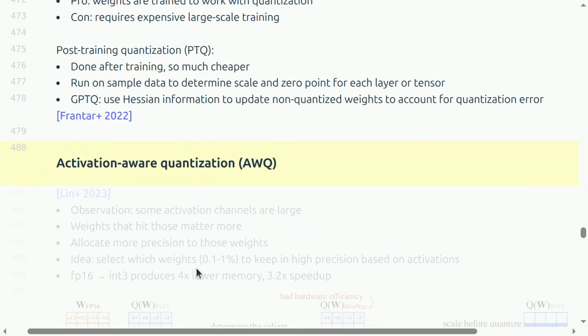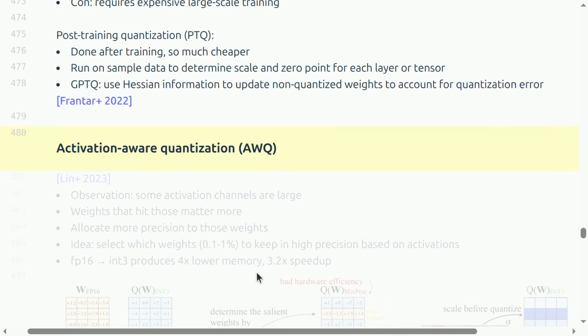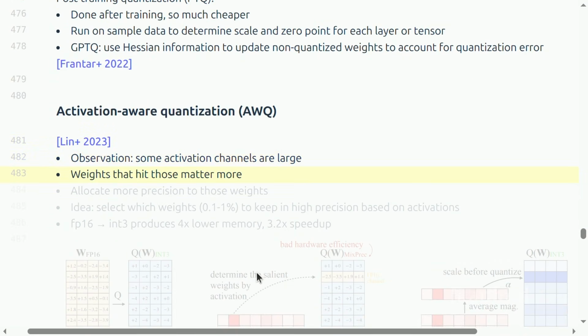Activation-aware quantization is a more sophisticated way, where the observation is that some activation channels are large, and the weights that interact with those matter more. So let's allocate more precision to these weights.